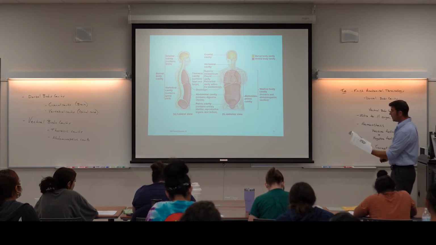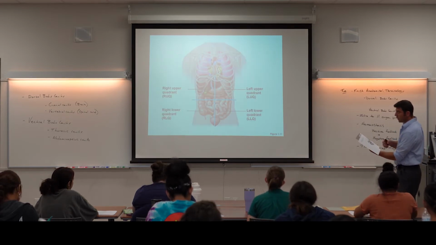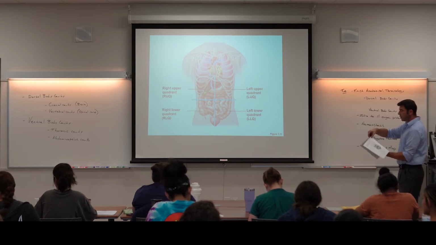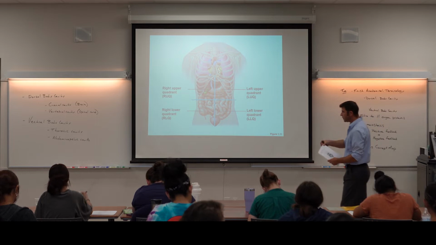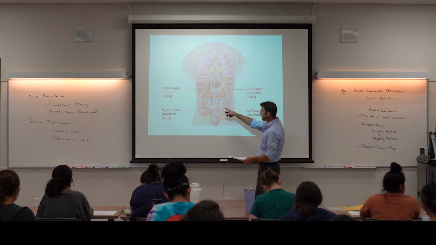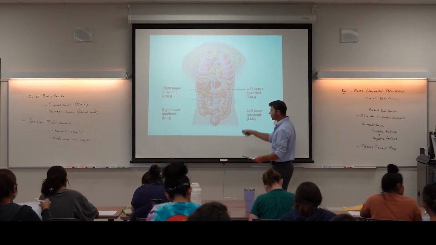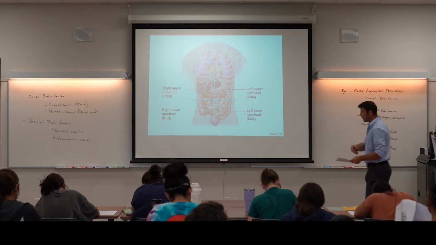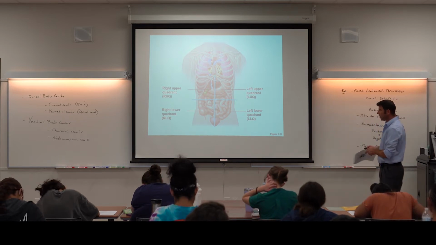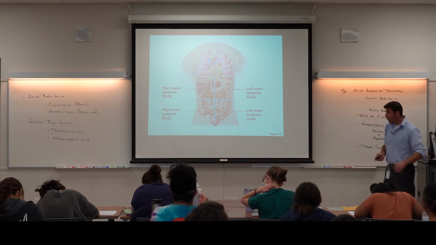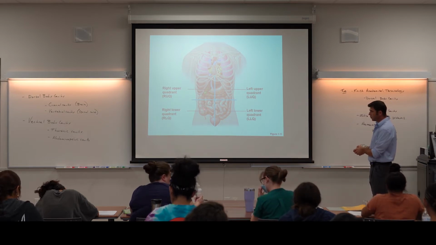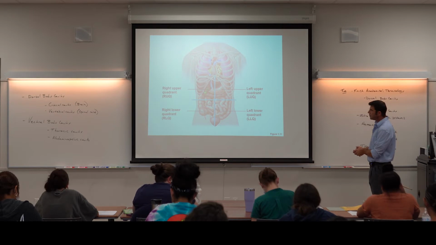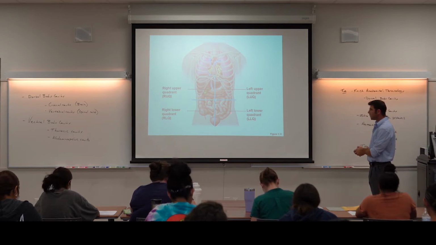Okay, so that takes us to the second page, and that's where we get into these quadrants. There are 4 abdominopelvic quadrants, and the navel area is where we use the transecting lines. There is what we would call the right upper quadrant, the right lower quadrant, left upper quadrant, and left lower quadrant.